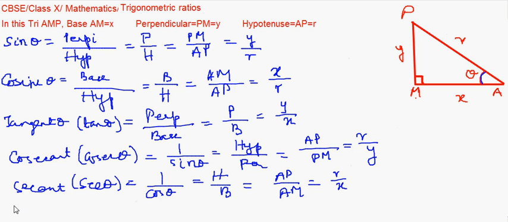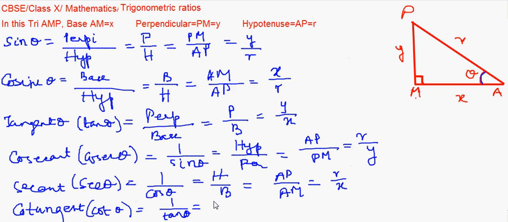And then the opposite of tan theta is cot theta, cotangent theta. It is the reciprocal of tan theta.